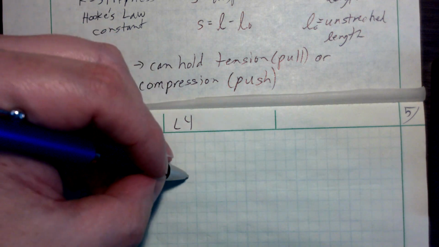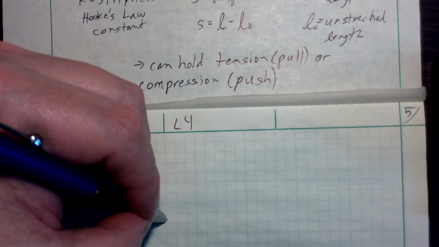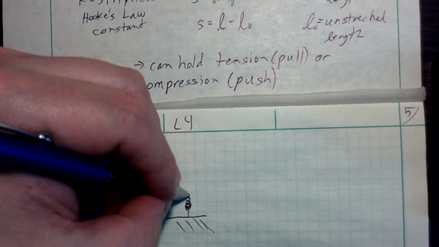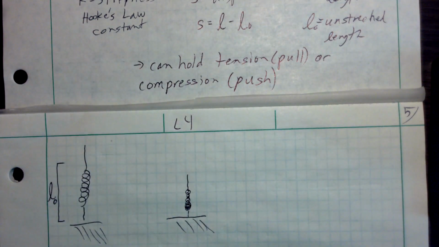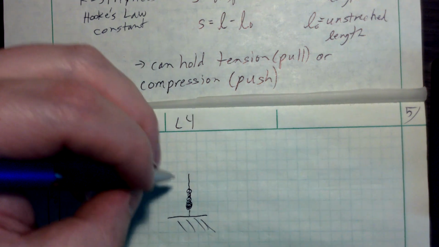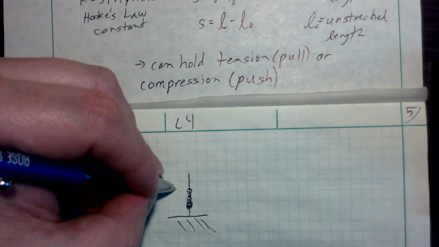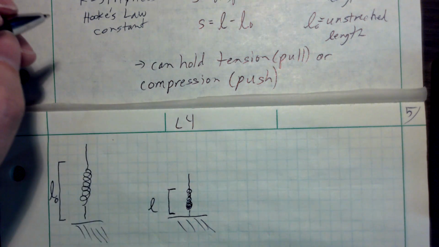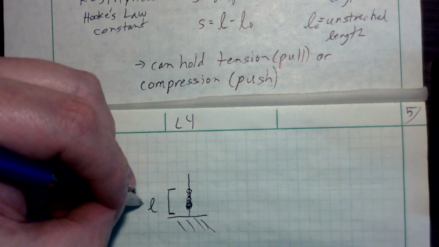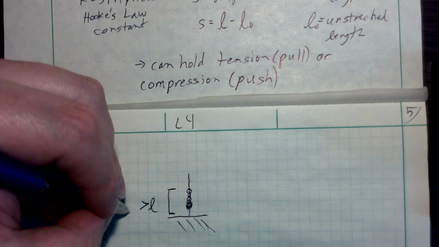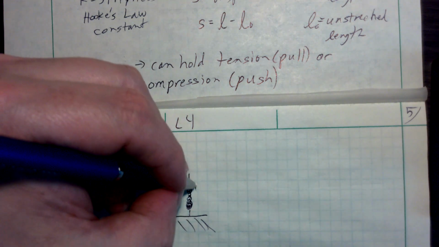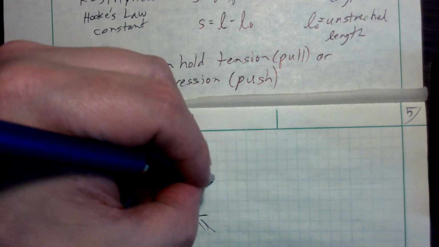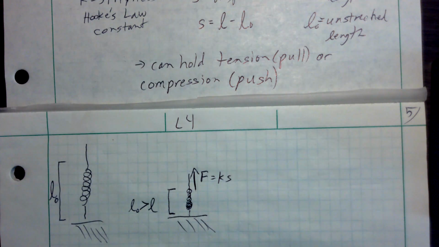If we compress it, something like this, so I apply some force to it, if you will. If I have something like this where it has been compressed, that is L, which is going to be less than L naught. This is going to apply a force. And of course that force is still going to be K times S.